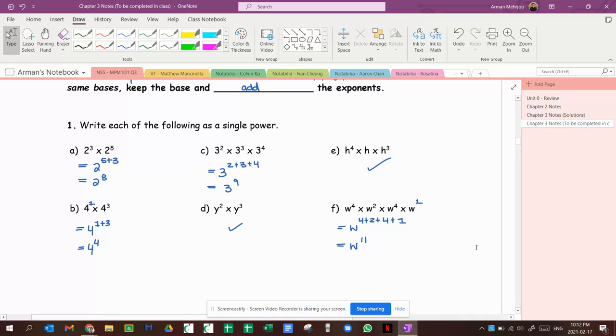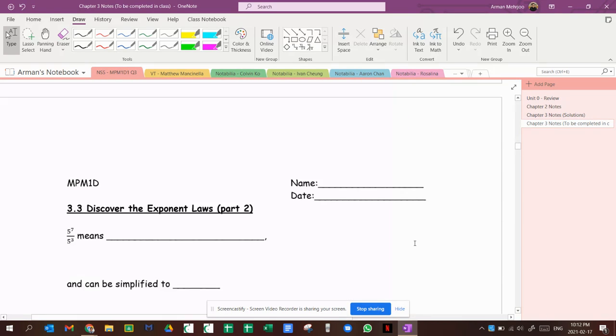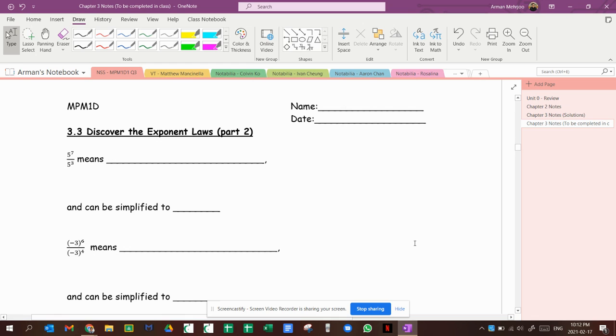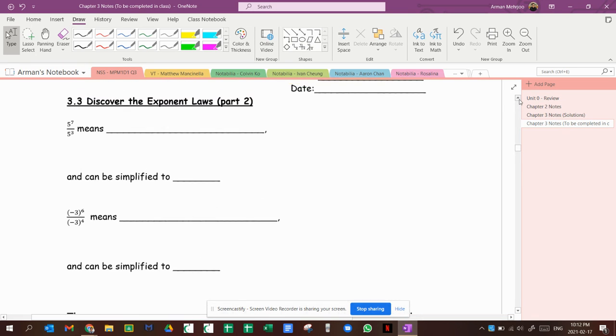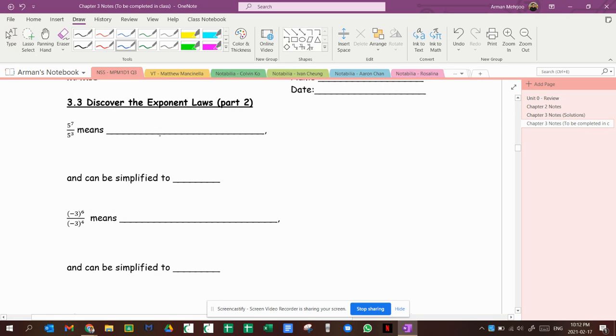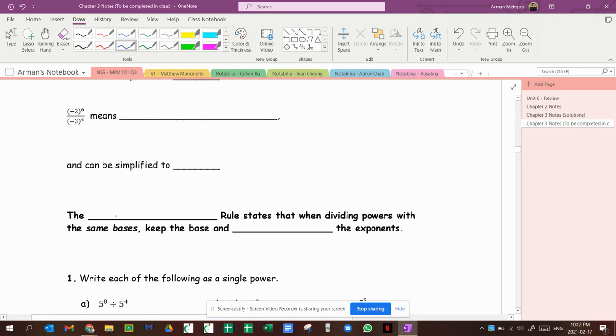Okay, let's keep going. Now, when you have division, what does that mean? Well, it's really similar to multiplication, but your division rule states that when you're dividing powers and they have the same base, you actually subtract your exponents.